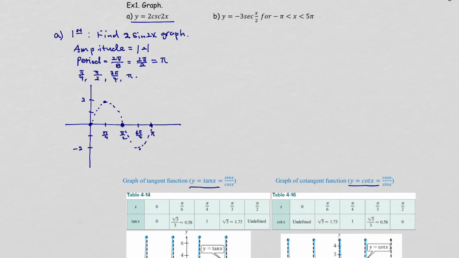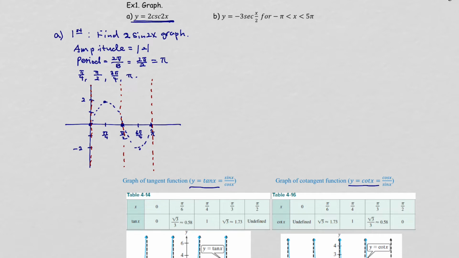Once you have the sine graph, now your vertical asymptotes for the cosecant are going to be these lines, at every point where your sine graph is touching the x-axis.